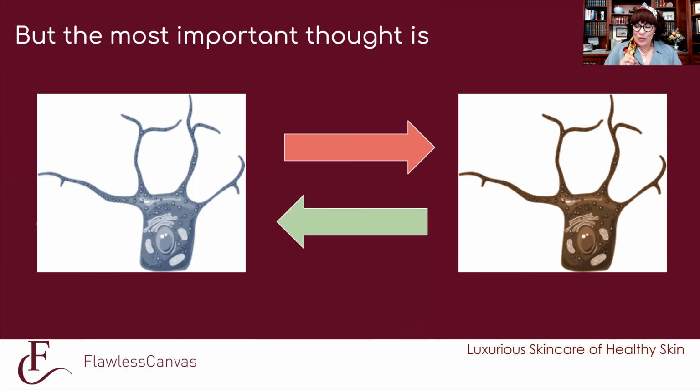My main issue is that we don't have the technology yet to tell a hyperactive melanocyte to go back to being a normal one. I am not sure if this is possible, or if once the melanocyte goes out of control, it will stay out of control forever, and we will need to deal with the treatment of hyperpigmentation for life to keep these overstimulated melanocytes under control and prevent the overproduction of melanin.